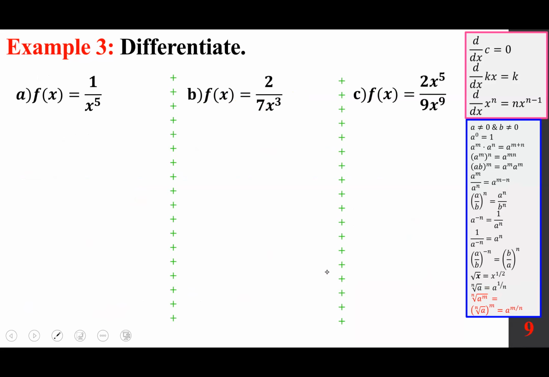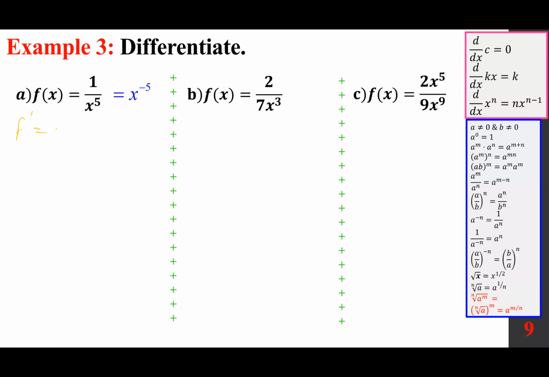All right. On this page, again, we want to use the power rule, but we can't as given. So we write it as x to the power of -5, which is algebra.